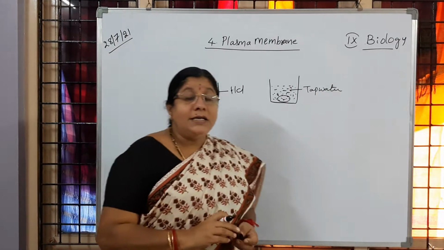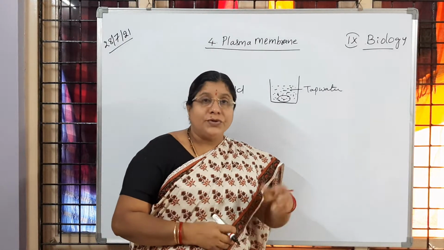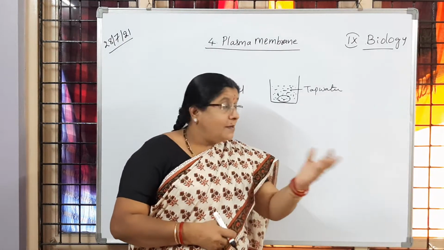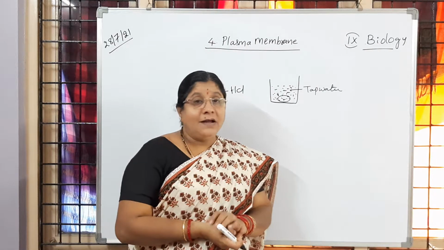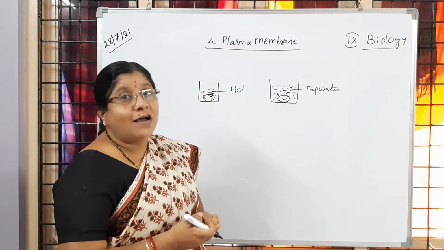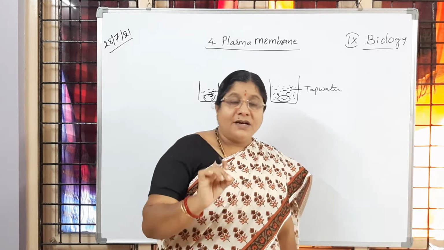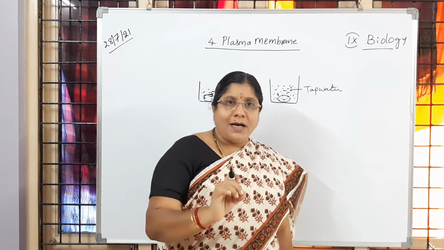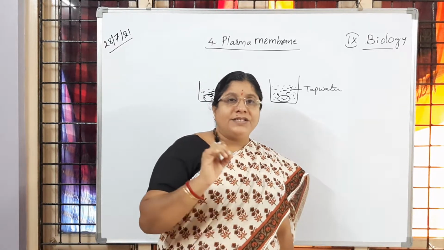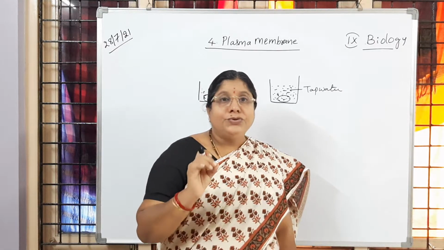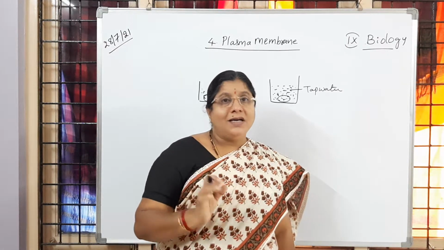You learned that the movement of water happens through the plasma membrane. Is it not? So what do we call that process? Osmosis. The movement of water molecules from low concentration to higher concentration through the membrane is called osmosis.